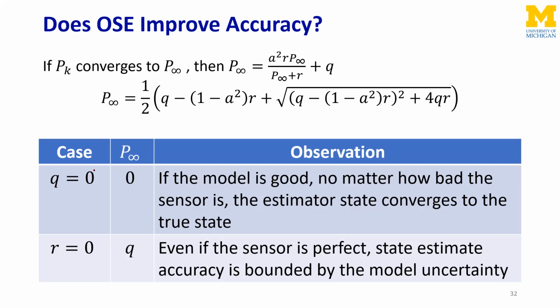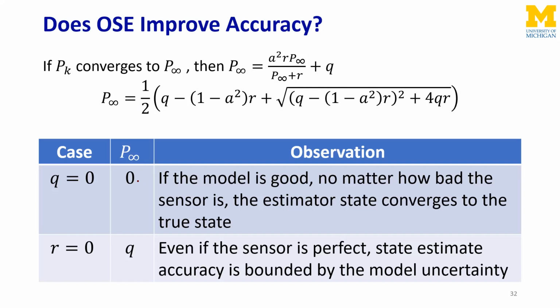Let's suppose Q was equal to 0. Q equals 0 means that your model is perfect. There is no process noise. So if Q was 0, this term is 0, this term is 0. This just evaluates to 1 minus a squared r, which means the whole thing goes away. P infinity ends up being 0.